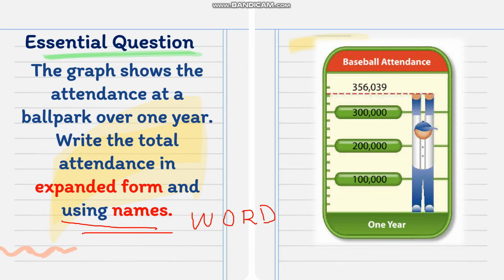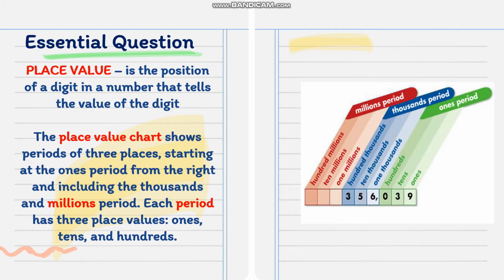Okay? So when we say place value, it is the position of a digit in a number that tells the value of the digit. For example, what is the place value of 9? That is in the ones place. What is the place value of 3? That is the tens place. What is the place value of 0? That is hundreds place, and so on.